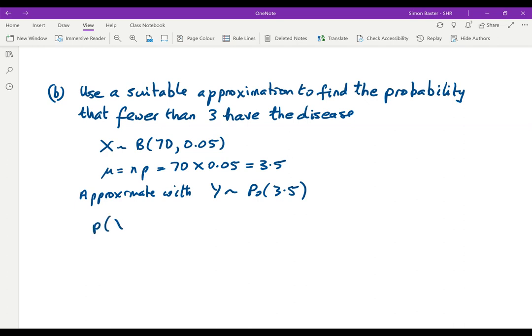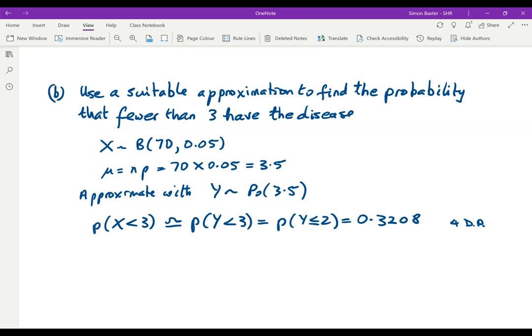We're looking for the probability that x is less than 3. That will be approximately equal to the probability that y is less than 3. In this case, 3.5 is in the cumulative Poisson tables, and so all we have to do is look up the probability that y is less than or equal to 2, which is 0.3208, to 4 decimal places because we are using the tables.